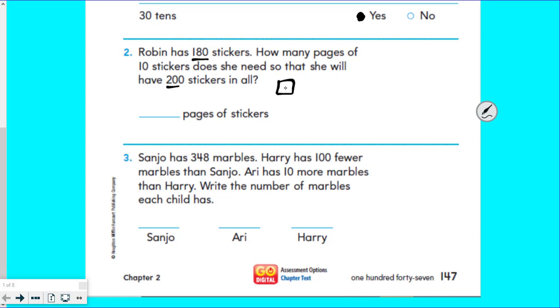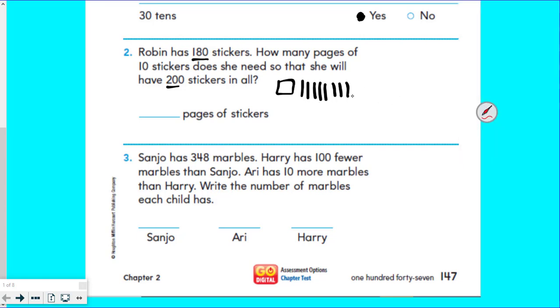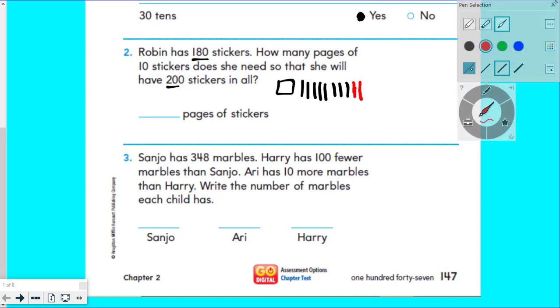So 100, 10, 20, 30, 40, 50, 60, 70, 80. She needs to get to 200. How many does she need? So she'll have 200 stickers in all. So let's see. Let's go to different colors. So we're at 180. So 190, right? And then 200, right?